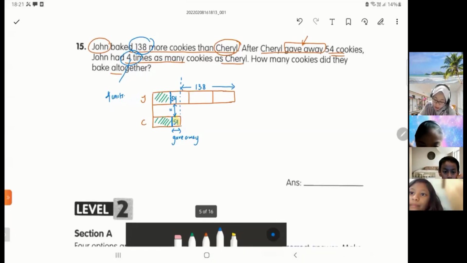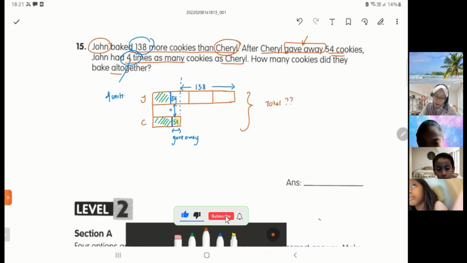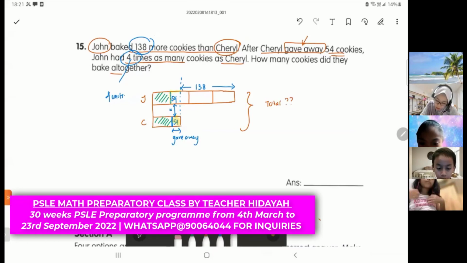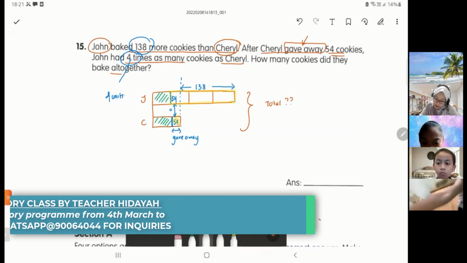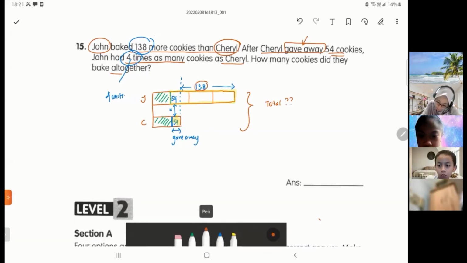And then I want to know how many did they bake all together. I want to know the total. Okay, now let's look at the 3 units. Where are the 3 units? These 3 units. Okay, this 3 units is actually 138, which means until this part. And then here is 54, right? So the 3 units is inclusive of 138 and 54 to get your 3 units.